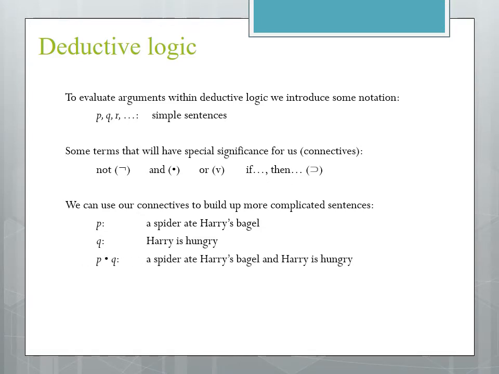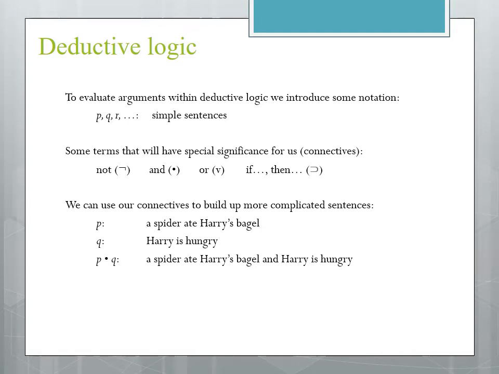So, for example, the sentence in our deductive language, or in our symbolic language, P dot Q, translates into English as "A spider ate Harry's bagel and Harry is hungry." So the dot denotes the English term "and."